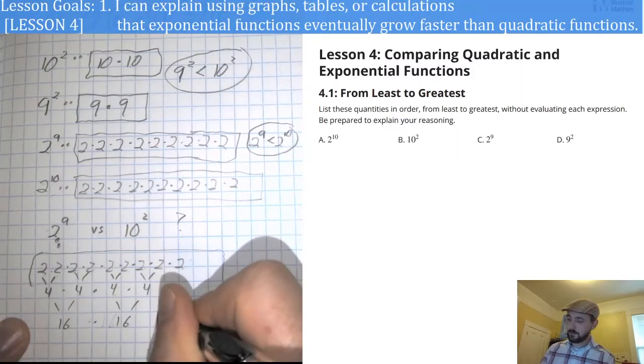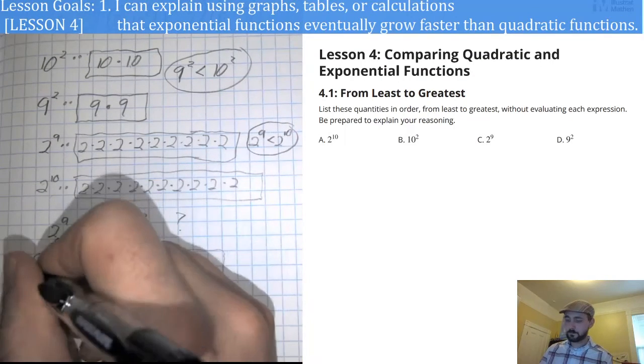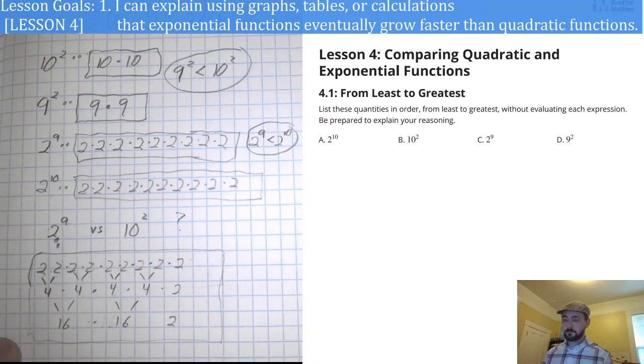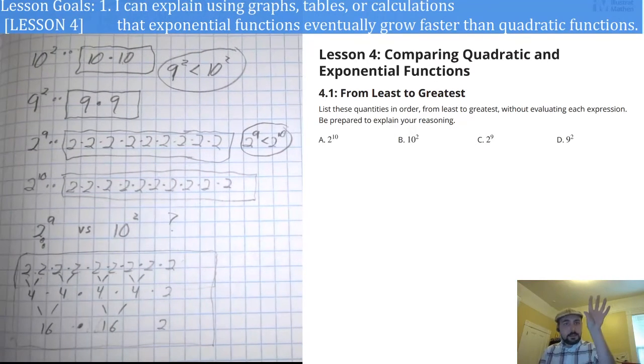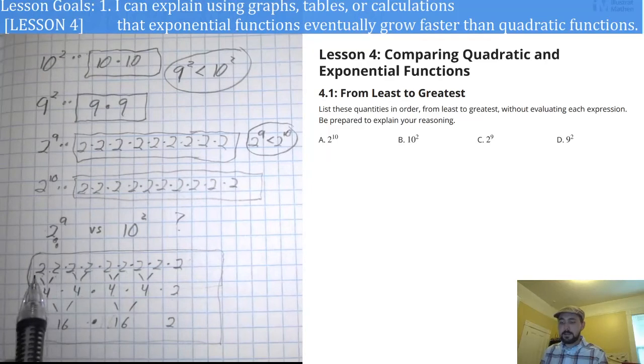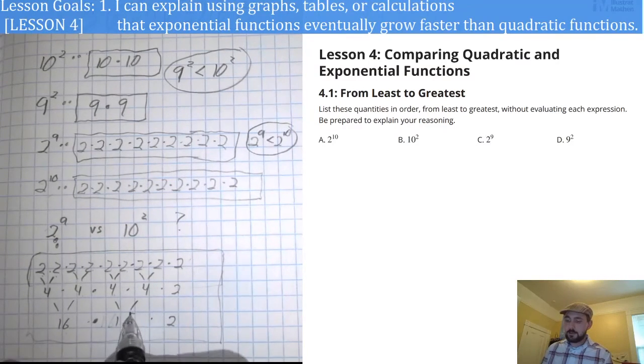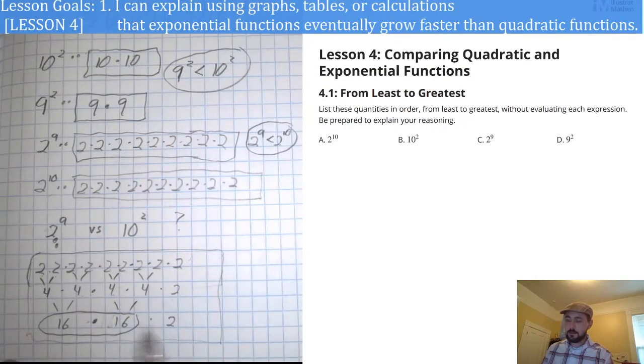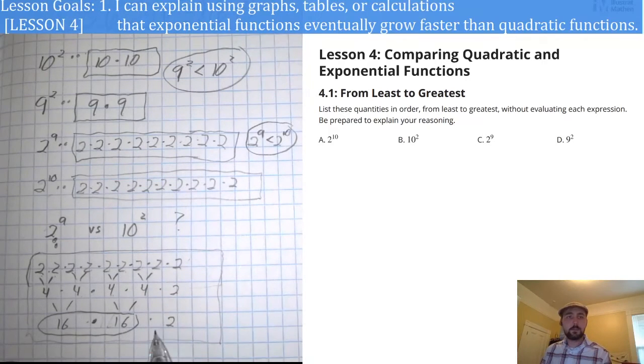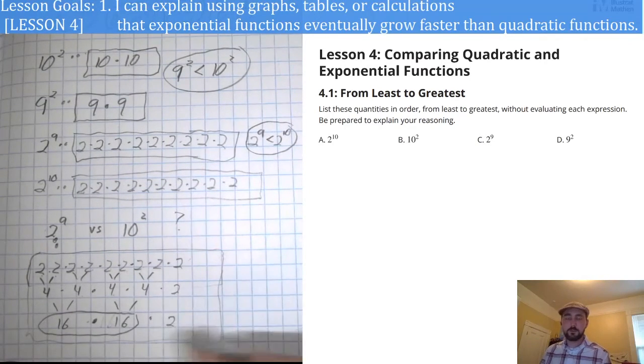And then there's still this remainder copy of 2. So by condensing it down, we can say these 9 copies of 2 can combine into 2 copies of 16, and then a remainder copy of 2. But now this is 2 copies of 16 times an extra copy of 2.